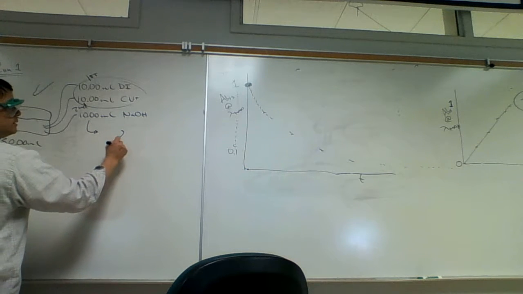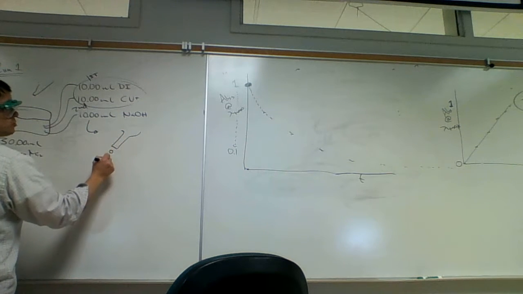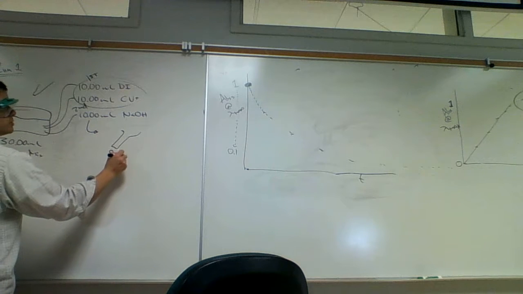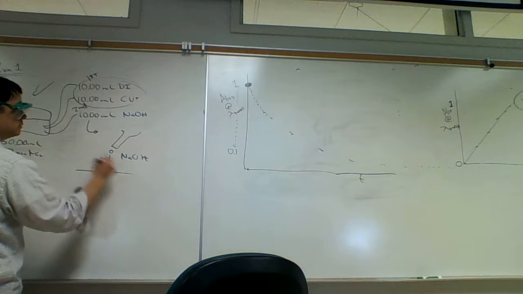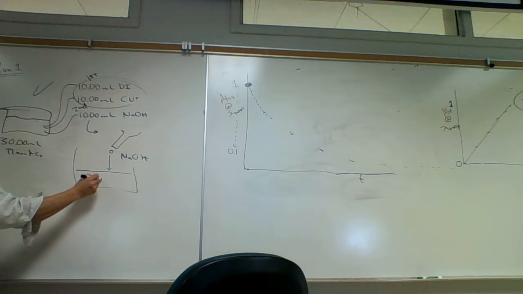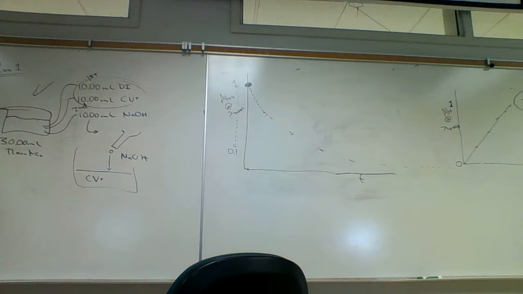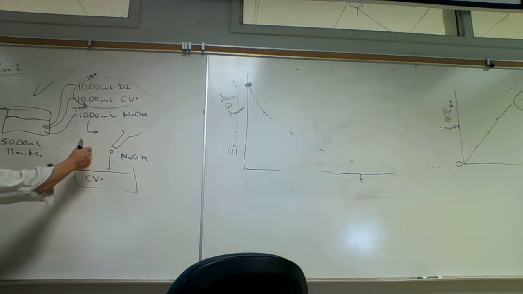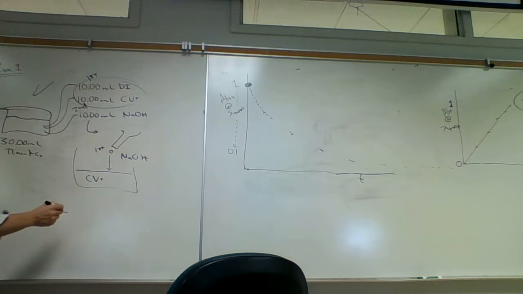What happens is when you put in the 10 milliliters, the first drop of sodium hydroxide hits the surface of our CV mix, and it's going to start reacting. And so we're going to follow the progress of the reaction via time. So should we start the stopwatch when the first drop hits? Or should we start the stopwatch when the last drop of sodium hydroxide hits?